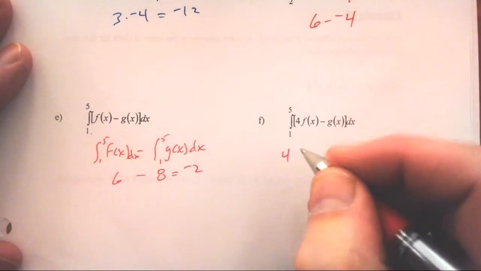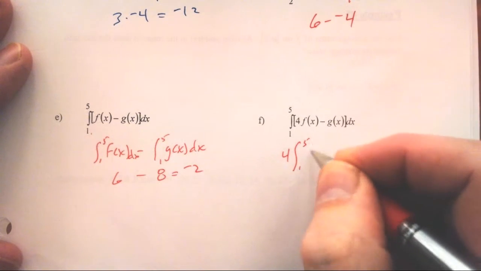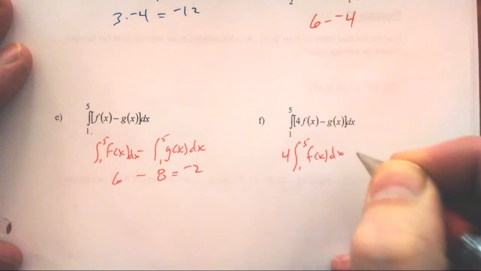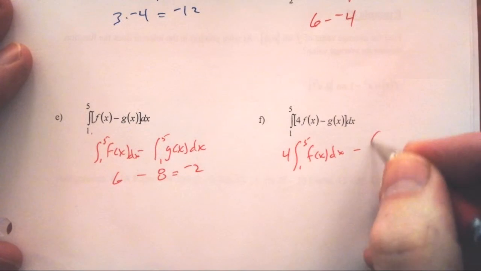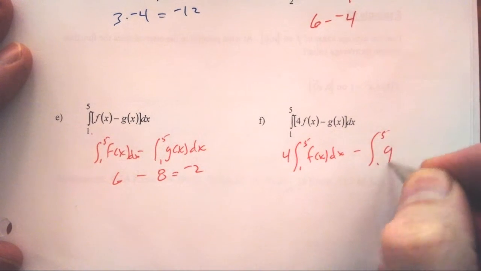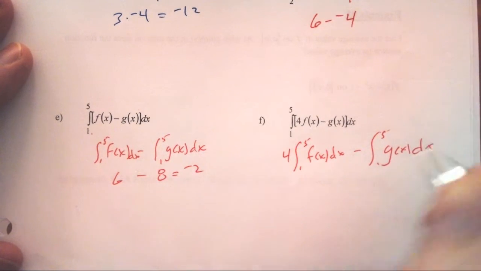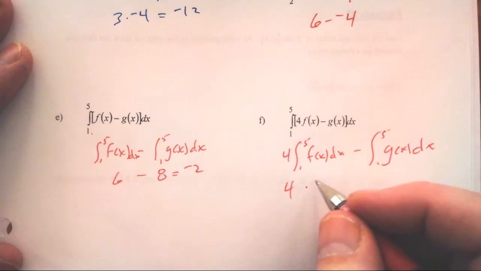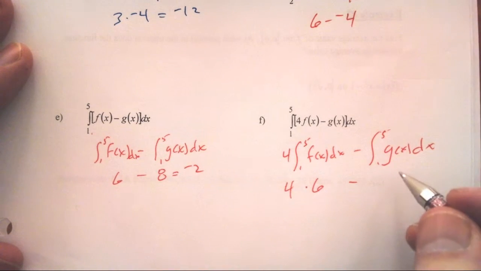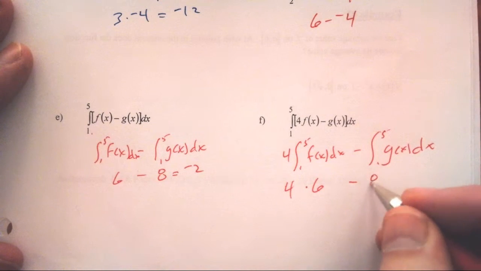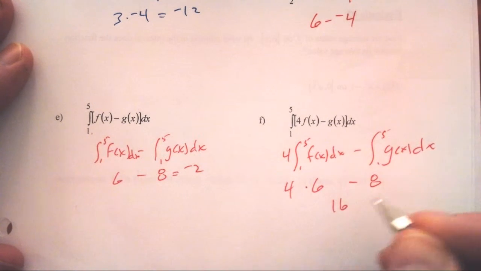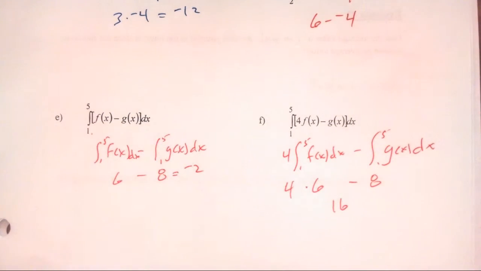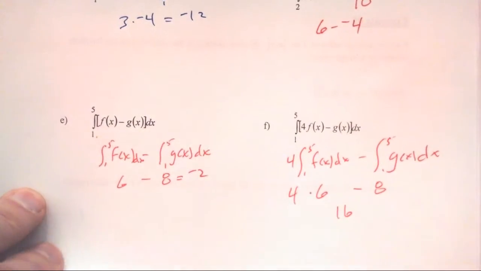Likewise, this would be 4 times the integral from 1 to 5 of f minus the integral from 1 to 5 of g. So that's 4 times f. We just had it. f is 6 from 1 to 5, minus g is 8. So I get 24 minus 8, or 16. Nothing to it. In fact, I'd like to have a whole lot of those on the AP exam.